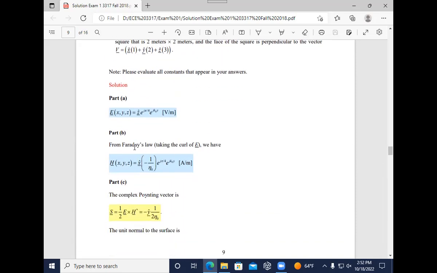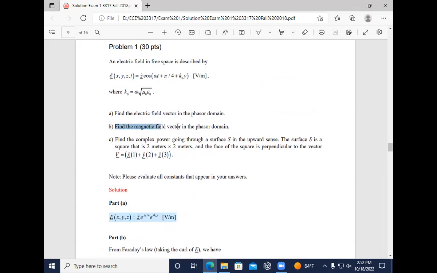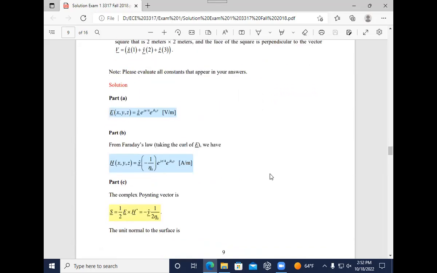So part B is saying find the magnetic field vector in the phasor domain. That's the goal. And Faraday's law would be this. Mu would be mu 0 in free space. So therefore, the H vector would be -1 over j omega mu 0 and the curl of the E vector.